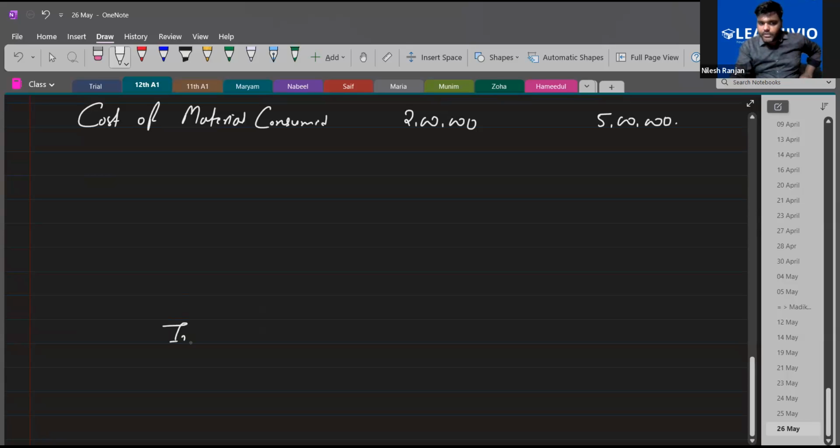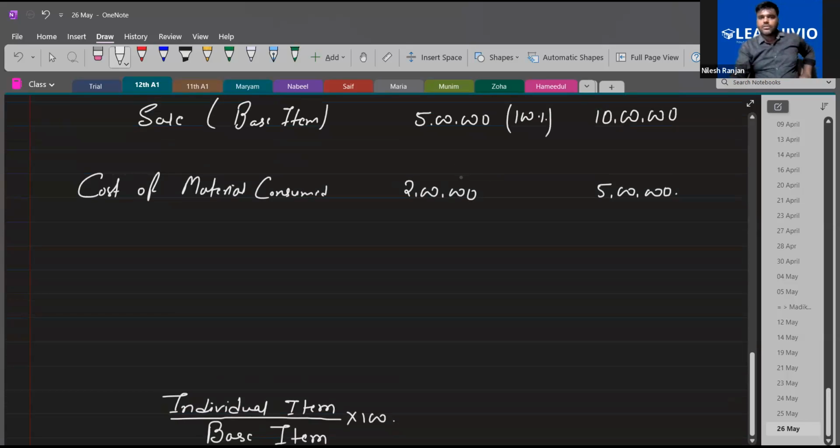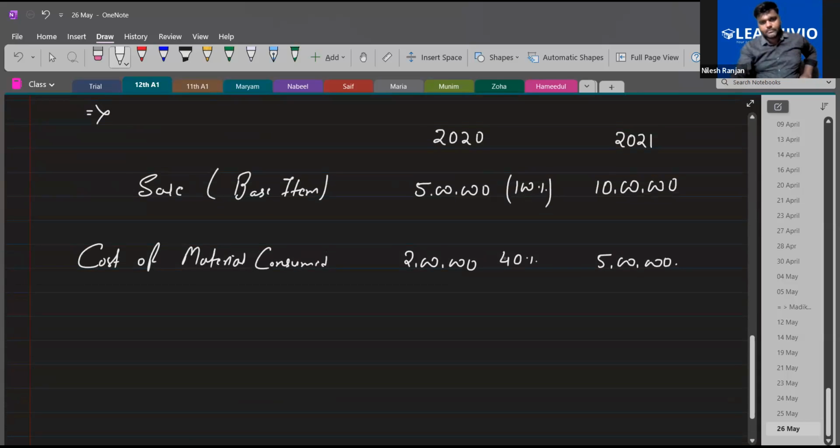So you have to take any individual item of that year, divide it by the base item into 100. So this is how we will convert every item into percentage. So now in this year, 2 lakh divided by 5 lakh into 100, it will be 40%. Now in this year, 2021, again, it is 100% and it is 50%.